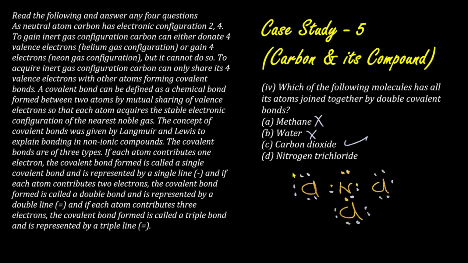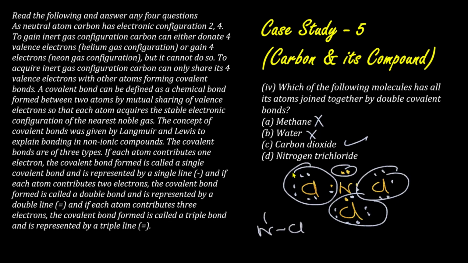So you can see that it is a single covalent bond. This is an unshared pair of electrons. So nitrogen will have this structure. It is not a nitrogen molecule; it is nitrogen trichloride. Tri is for 3 chlorine. Right. So we got that the correct option here is option D.